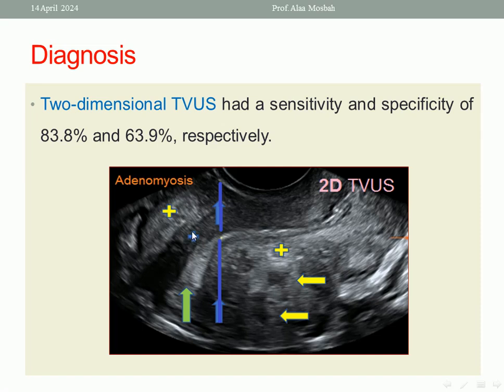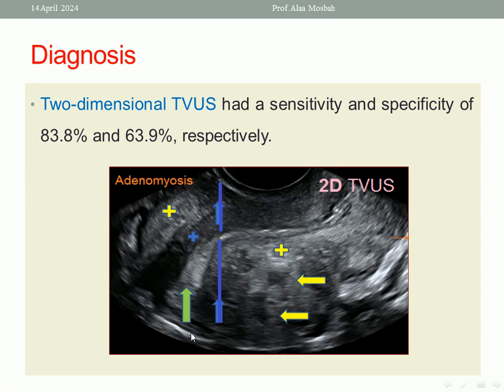S-shaped endometrium, as you see here. Distorted junctional zone, also another sign. What else as signs of ultrasound? Symmetrically enlarged uterus without definite leiomyoma. In absence of leiomyoma, but symmetrically enlarged uterus.